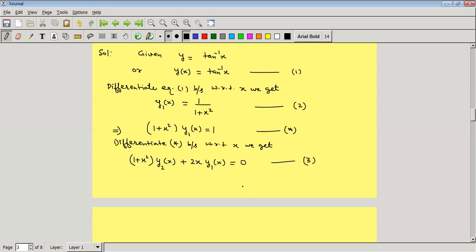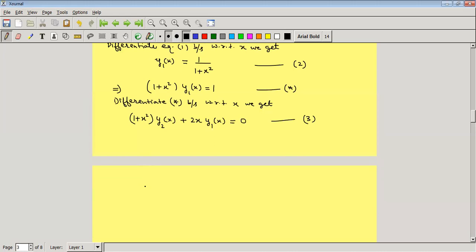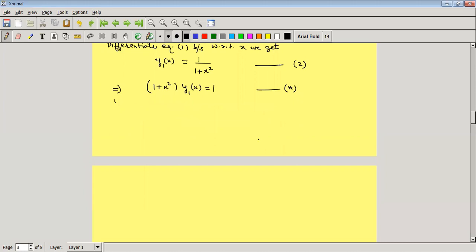Now we have to find out the nth derivative. So when we find the nth derivative, instead of taking this step, equation number 3, we can use n-time differentiation here.